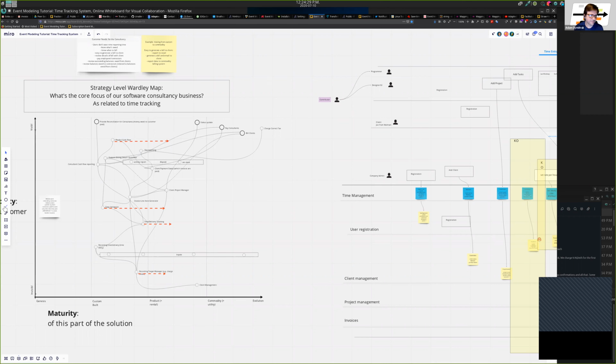I think I did this before. Is it helpful to put some sort of a line up here to differentiate or identify customer needs versus the part of the solution?